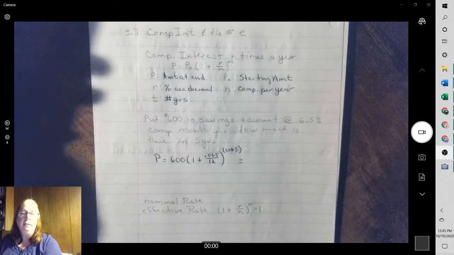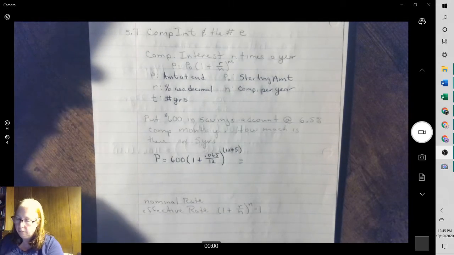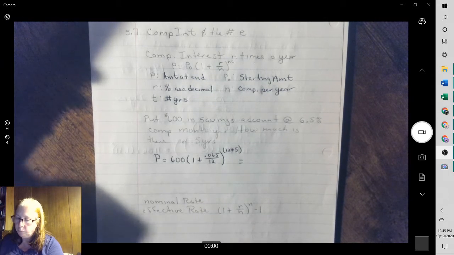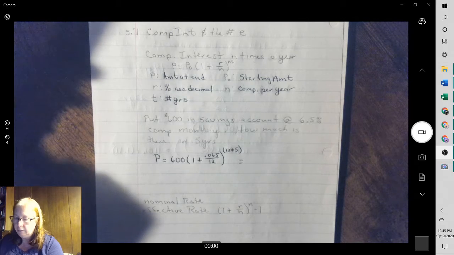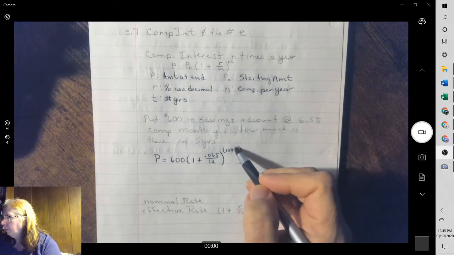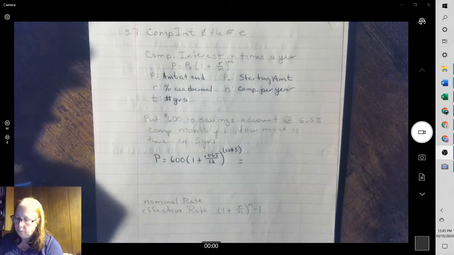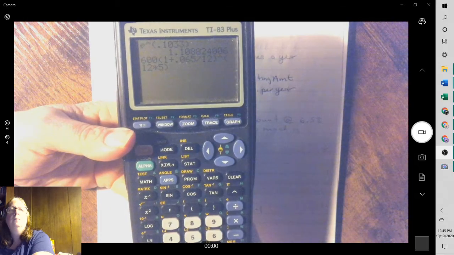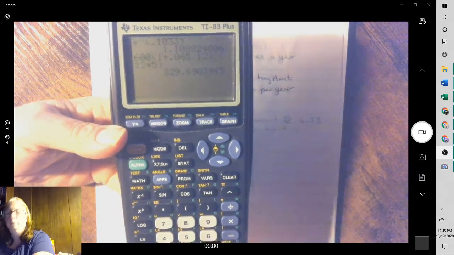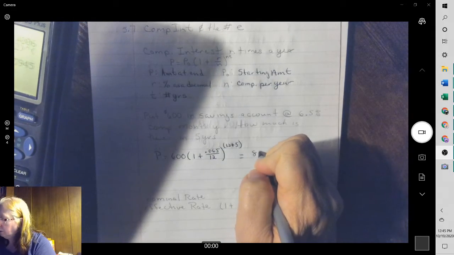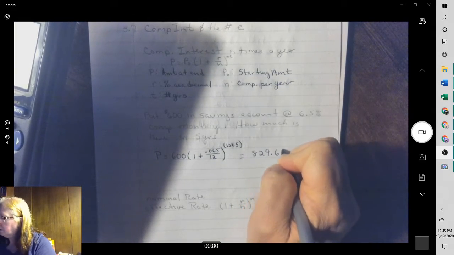So then we just plug that into the calculator. 600 times 1 plus 0.065 divided by 12, to the, now you do need to have the exponent in parentheses, 12 times 5. $829.69.